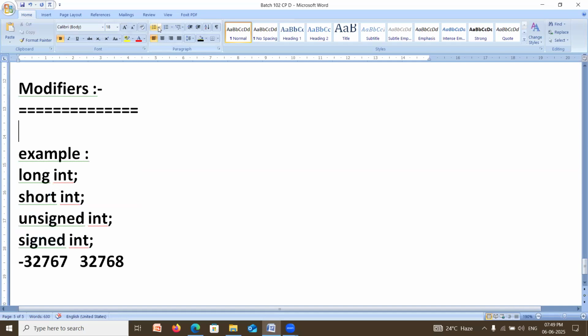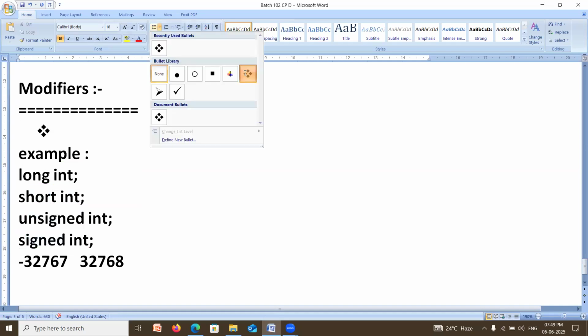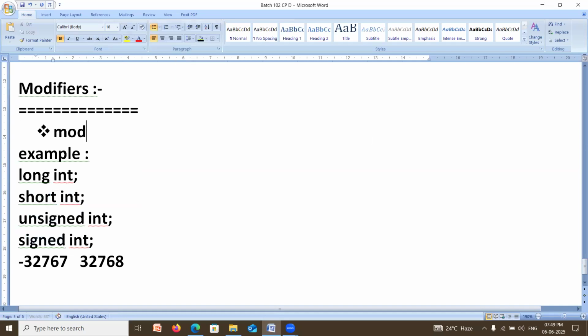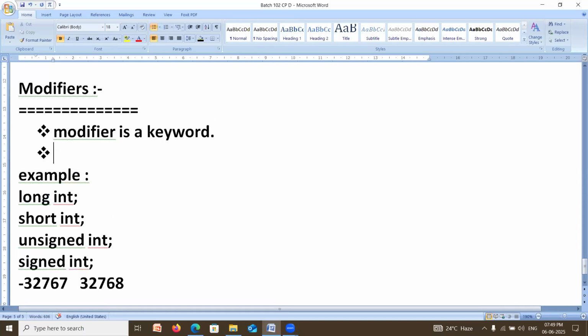Now what is modifier? Modifier is a keyword. What is the meaning of keyword? Keyword means the names already defined in computer. Computer can understand these words, so these are called keywords. What is the meaning of modifier?